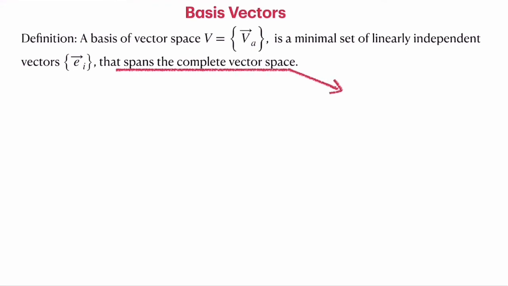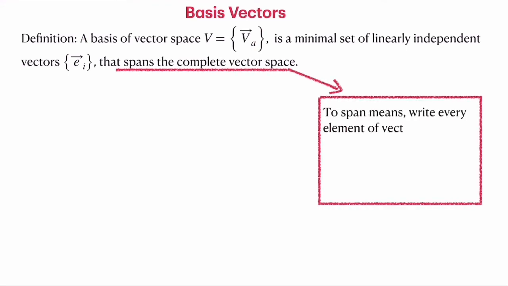Let's quickly remind you what is the meaning of spanning a vector space. The spanning of a vector space means that every element of that vector space should be expressible as a linear combination of these vectors e_i.